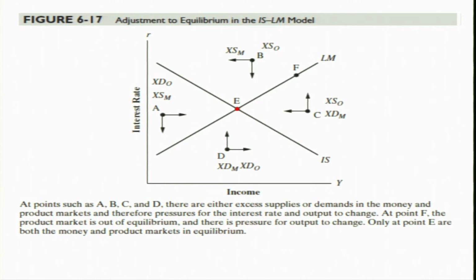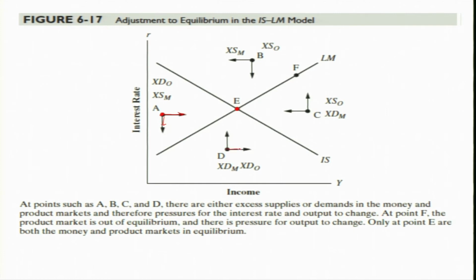Look at any other point, for example A. Looking at the LM schedule, money demand is less than money supply, and on the leftward side of the IS curve investment is greater than saving. So there will be downward pressure on the rate of interest and horizontal upward pressure on income to increase, so that finally we come to this position.